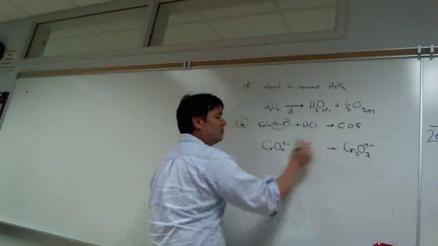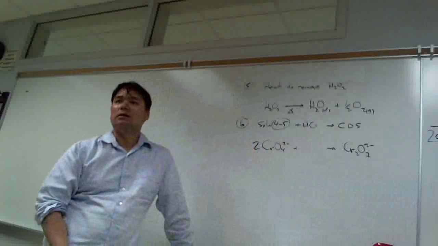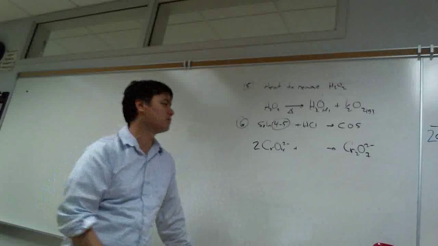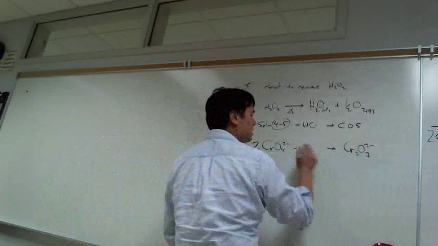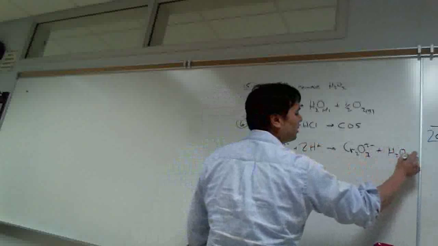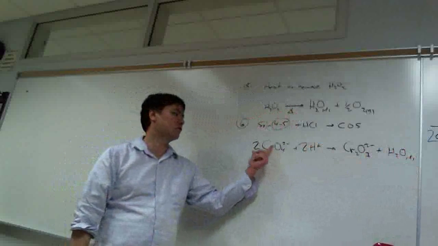Well, dichromate is 2 chromates minus an oxygen, and so oxide is not stable, but 2 H pluses will stabilize that by forming H2O liquid. And so here we can convert chromate into dichromate.